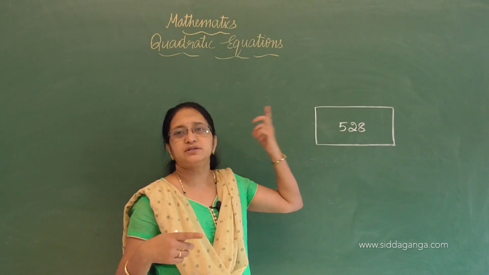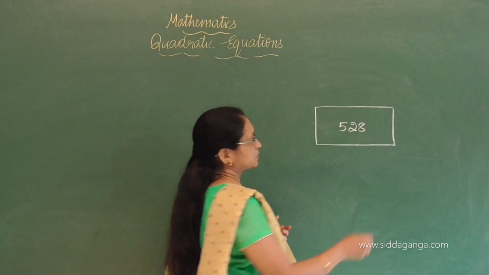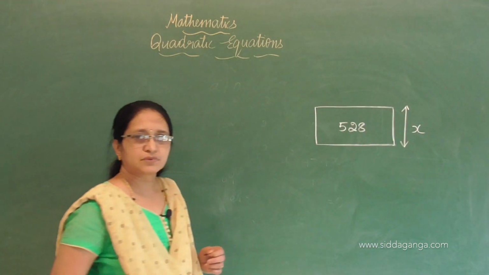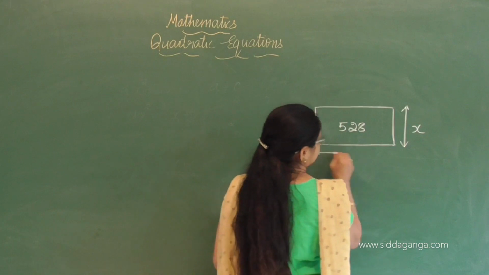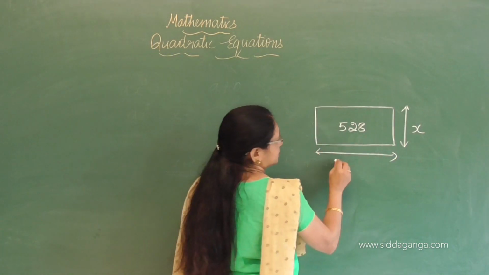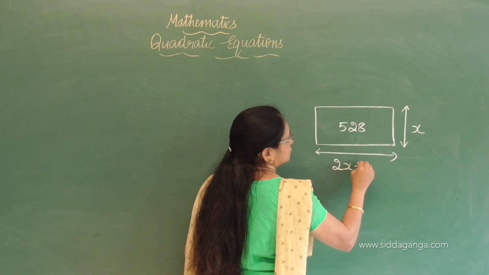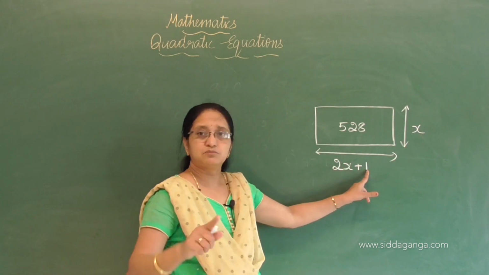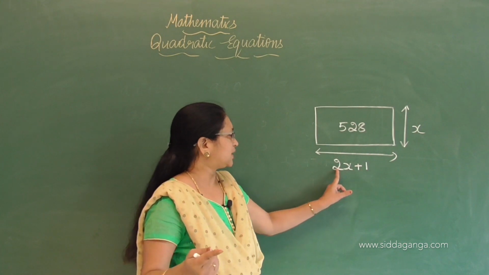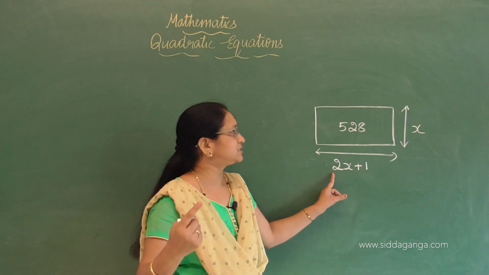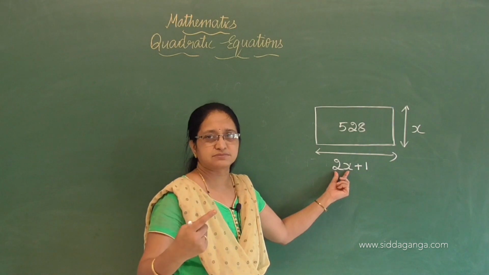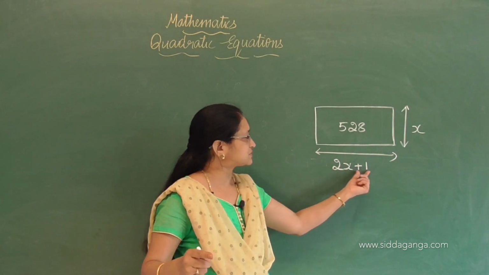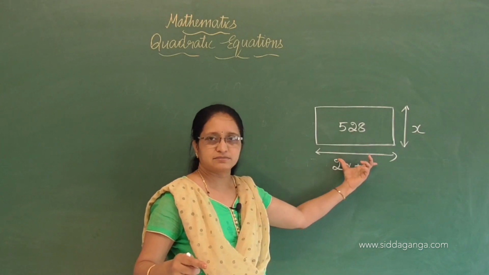If we take the width as x, then what will the length be? Twice the breadth is 2x, you all know that, and 1 more than twice the breadth is 2x plus 1. So 2x plus 1 will be the length.